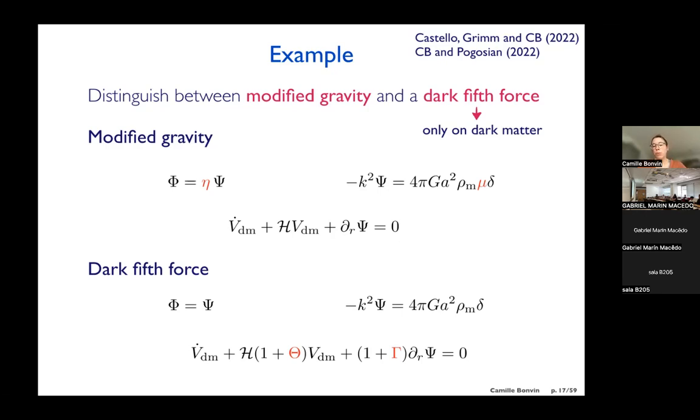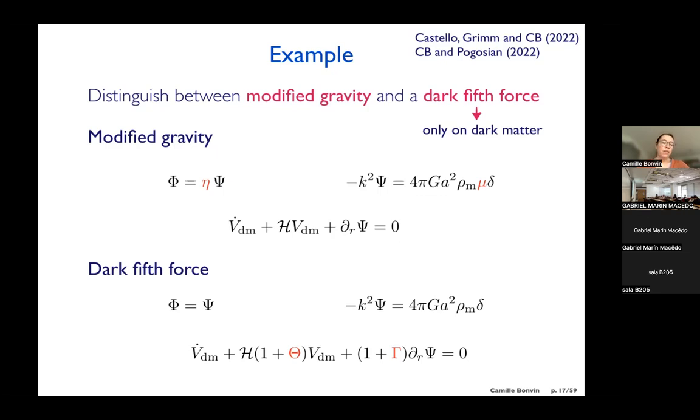But of course, we will modify the Euler equation because we have an additional force that acts on dark matter. And we can show that very generically for very different types of model with a dark force, we can encode that into two functions, theta and gamma. So gamma is really an additional force acting on dark matter, and theta is a friction term that acts on the motion of the dark matter particle.